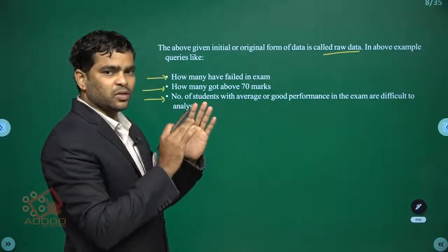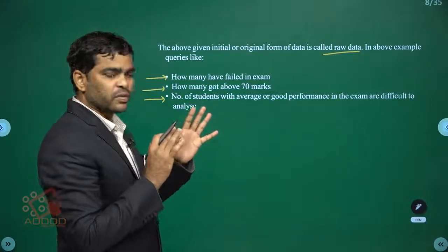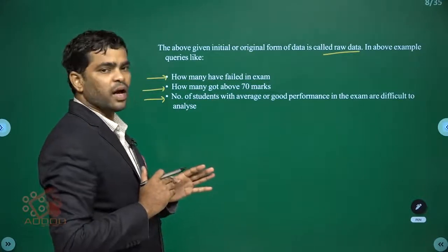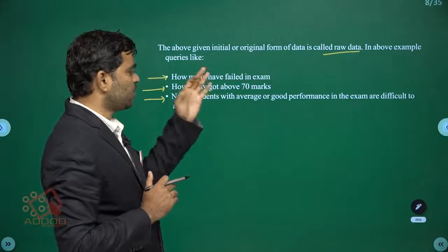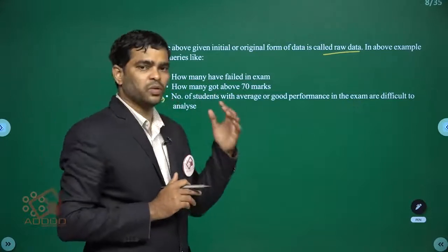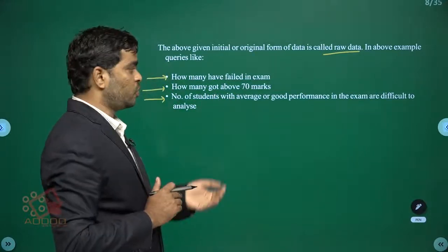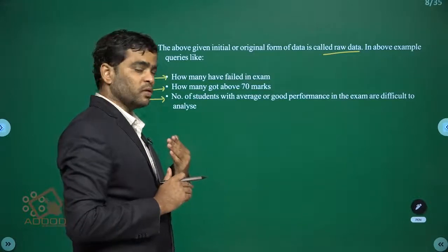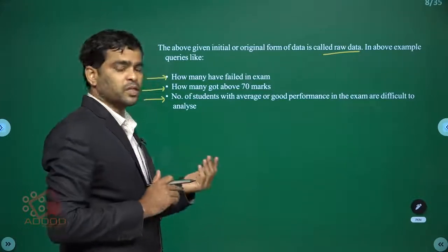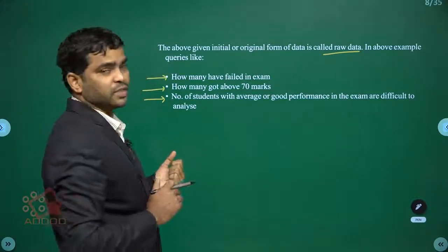If the data is raw data, it is difficult to identify who are the failed students, who are the average, who are the good students and best performers. We can't find out when it is raw data.